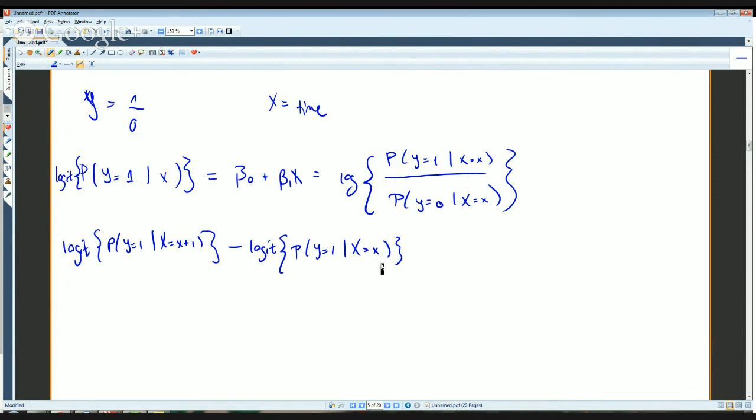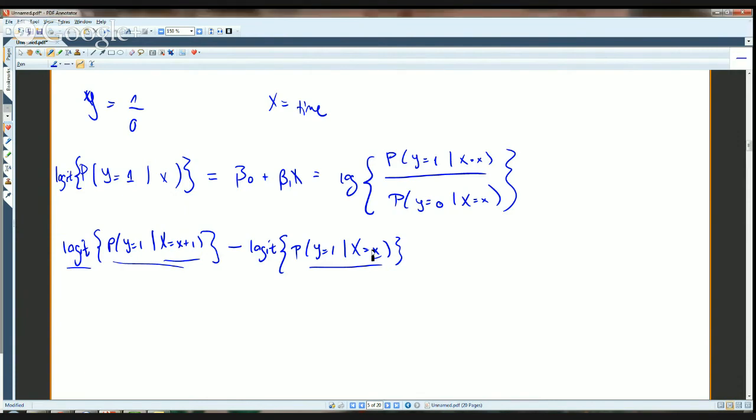This is the logit of the probability that the person stops given a particular x plus 1 stopping time, a difference between the green light and the red light. And this is the same logit probability, except instead of x plus 1, we have an x in there. So it's the difference in the log odds of stopping for a 1 unit change, let's say a 1 second change in how long it took us to flash the red light after having flashed the green light.